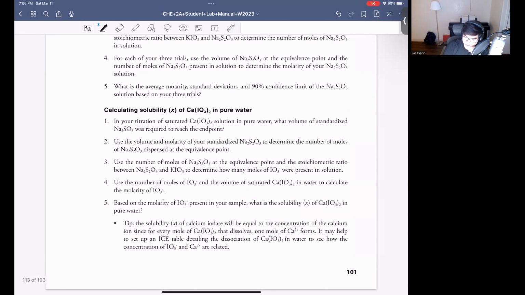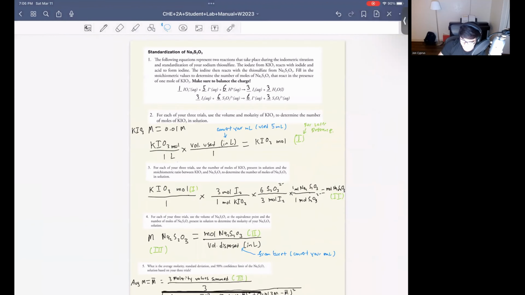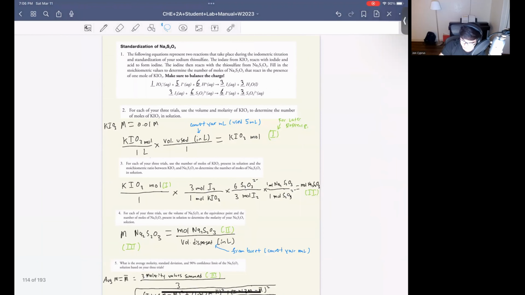All right, next it says you're calculating the solubility of calcium iodate in pure water. So in your titration of saturated calcium iodate solution in pure water, what volume of standard sodium thiosulfate was required to reach the end point?